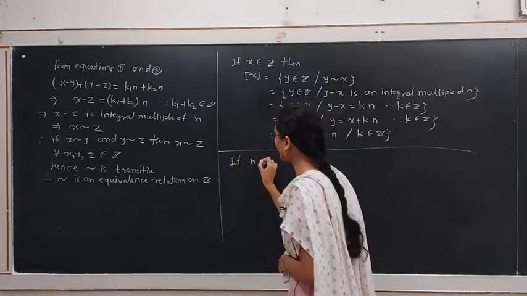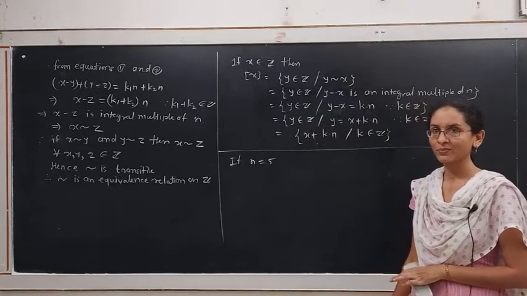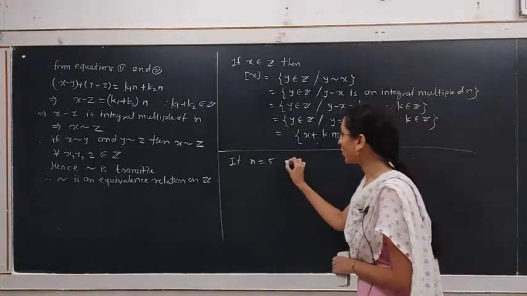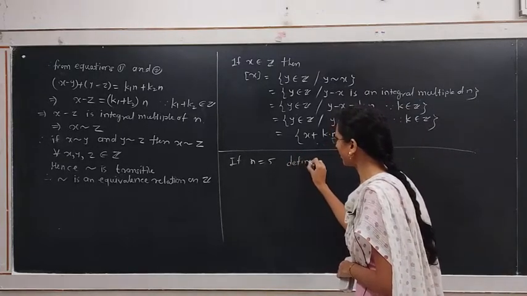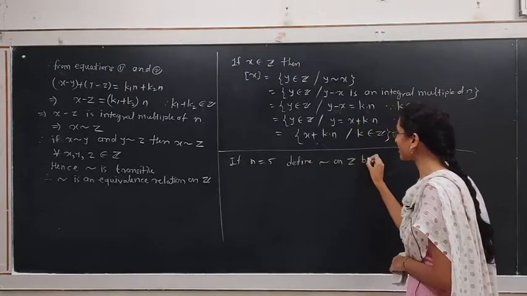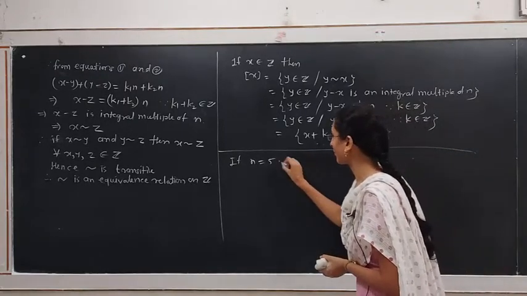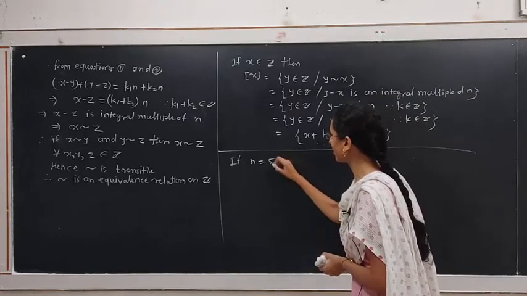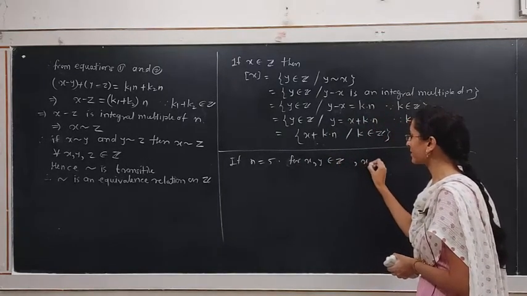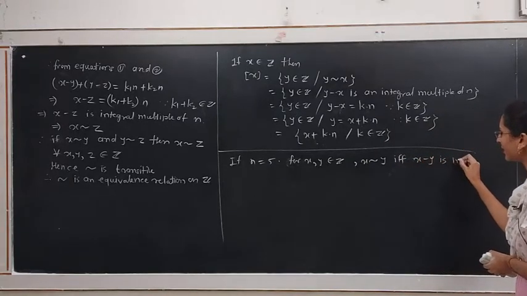fix the n value, n is equal to 5, and we define the same relation on the set of integers. Now we are fixing the value of n and we are defining the relation on Z. For x, y belongs to Z, x is related to y if and only if x minus y is an integral multiple of 5.